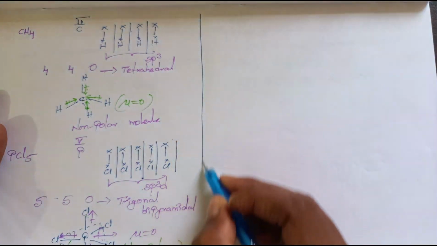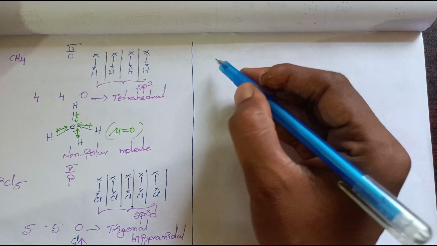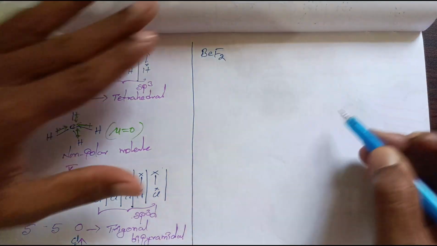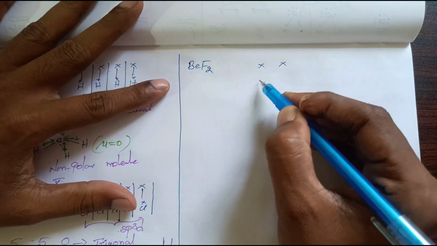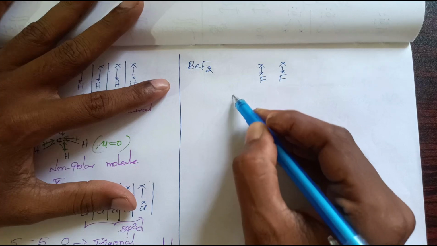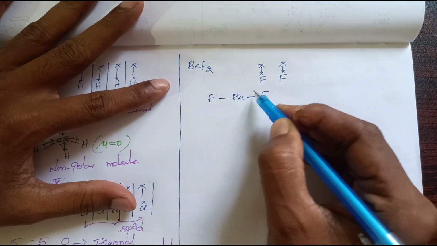If you are observing different molecules, the dipole moment, for suppose BeF2, central atom is beryllium, valence electrons 2, fluorines are present, overlap to each other. What is the BeF2 shape? BeF2 shape is linear.